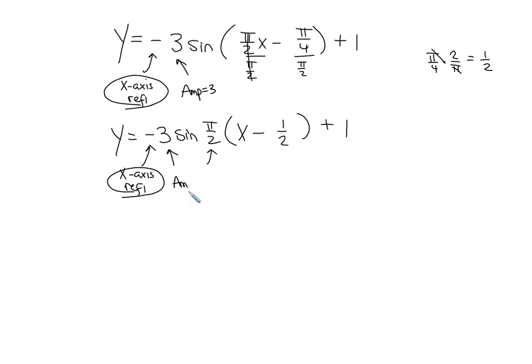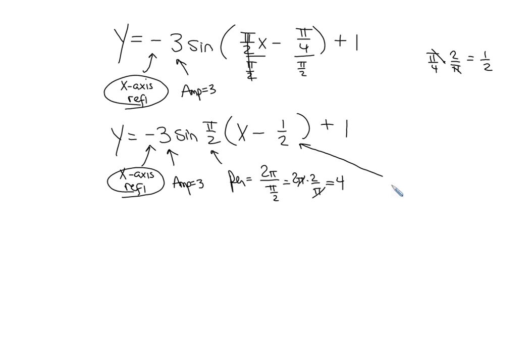Amplitude equals 3. This tells us that our new period is going to be 2 pi divided by pi over 2, which is really 2 pi times 2 over pi, which is really 4. Notice no pi in there.